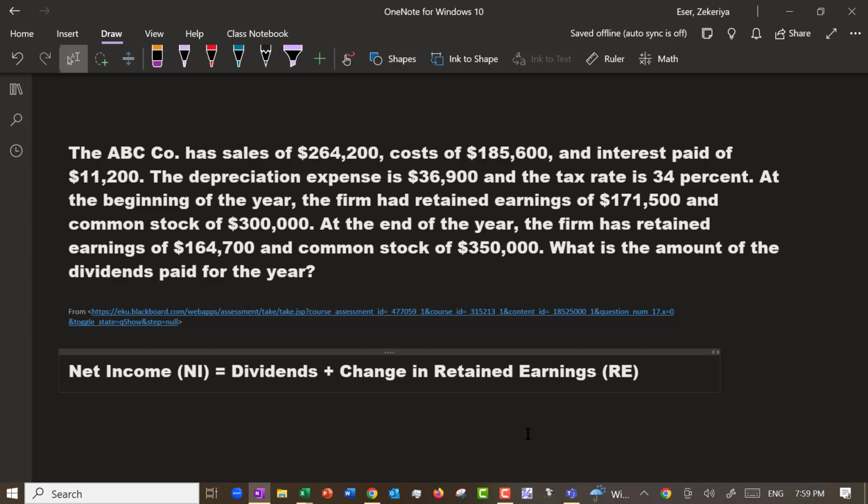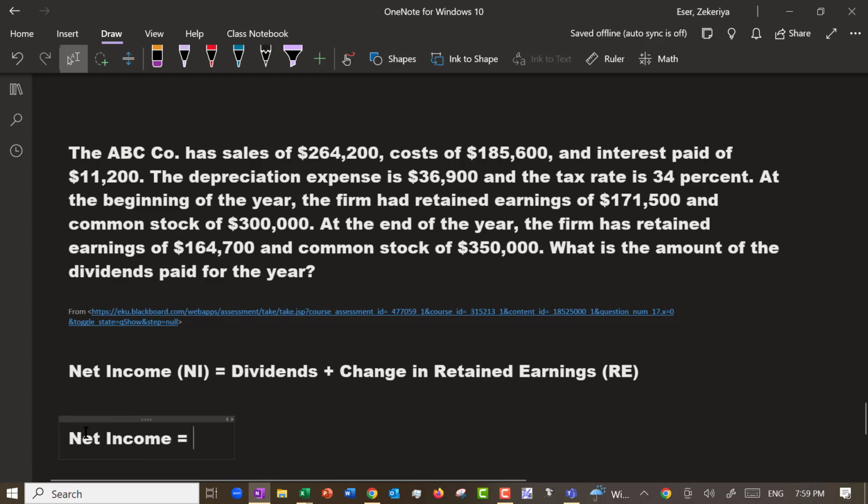First things first, net income. Do we have the items to calculate net income? Yes. Sales, cost, depreciation, interest paid, tax rate. So I can write net income as sales minus costs. And in this book, whenever it says costs, it's talking about costs other than depreciation and interest expense.